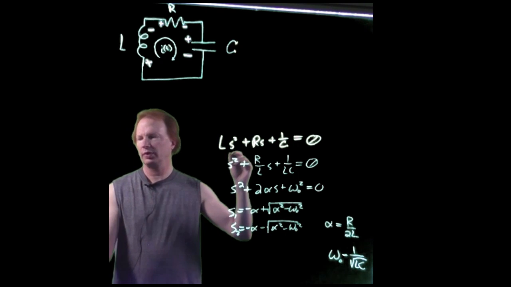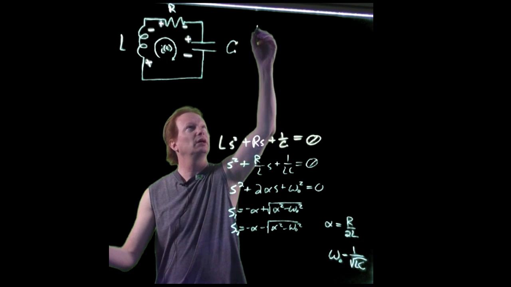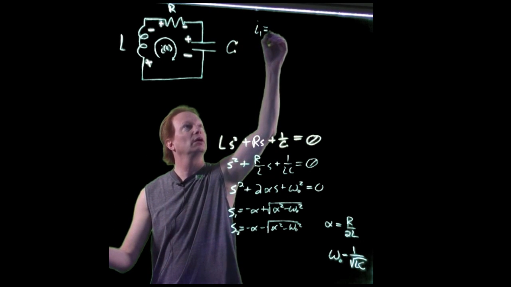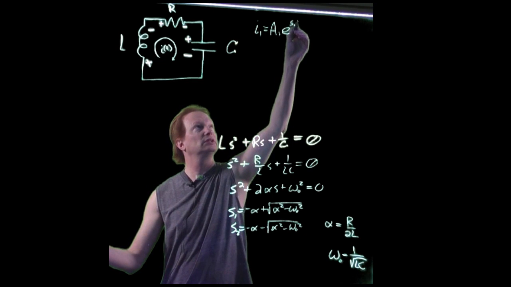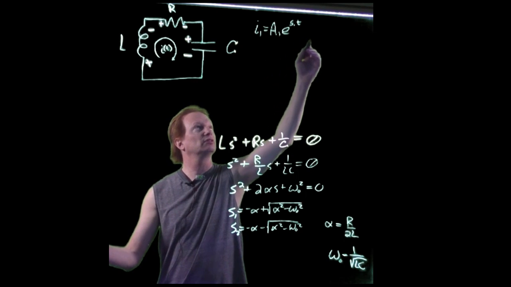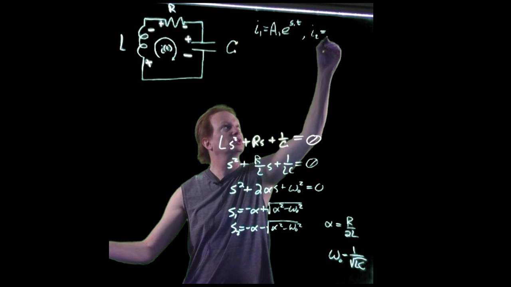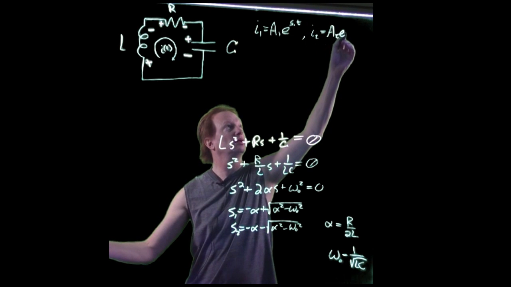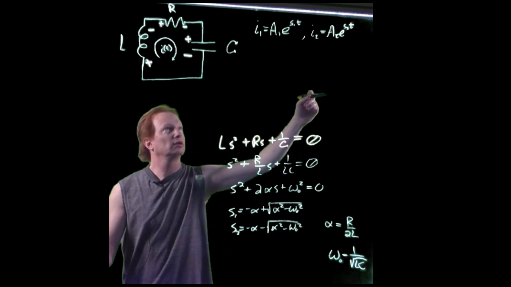And we have solutions of the form i1 equals A1 e to the s1 t, and i2, which is A2 e to the s2 t.